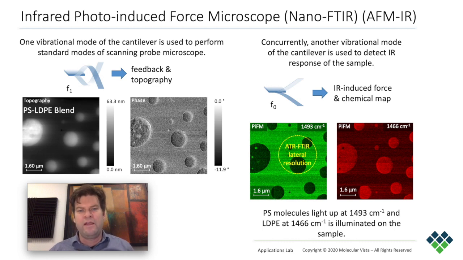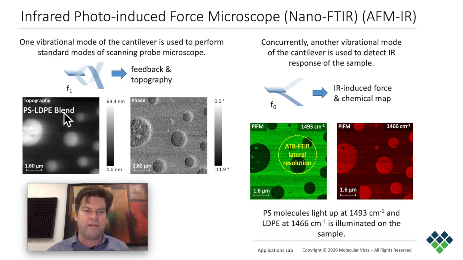Now, if we use the AFM in a multimodal variety, we want to look at both the first and second mechanical modes of that AFM cantilever, and we want to use the fact that we can look at one mode to examine both the topography and mechanical phase of a sample, while getting to use the other mechanical mode to sense the optical absorption that's happening on the sample. As that absorption event happens, we'll feel a small force on the end of the cantilever, and we can use that to decode where those molecules are.